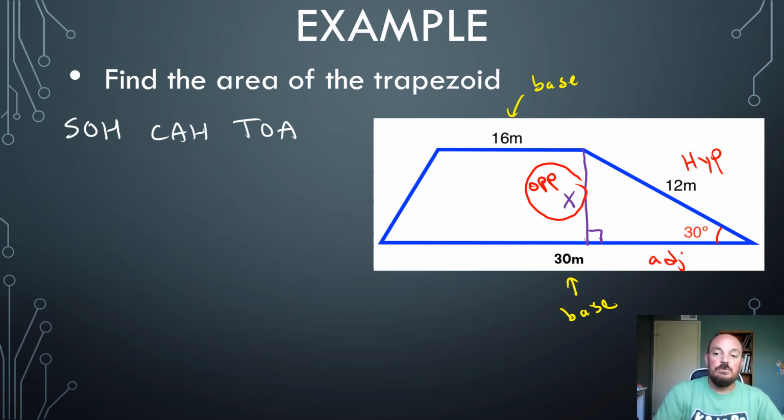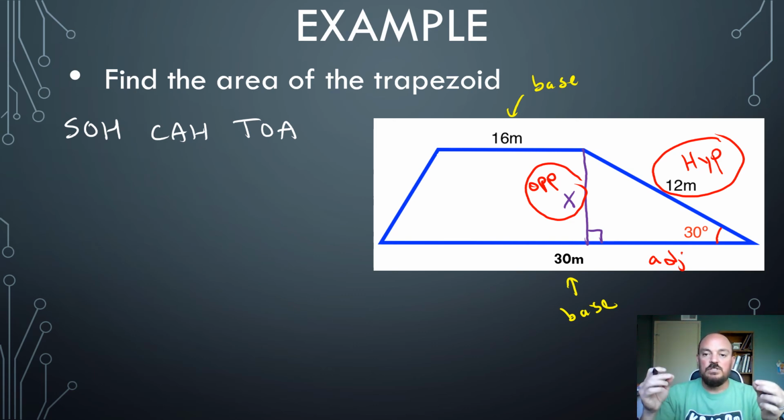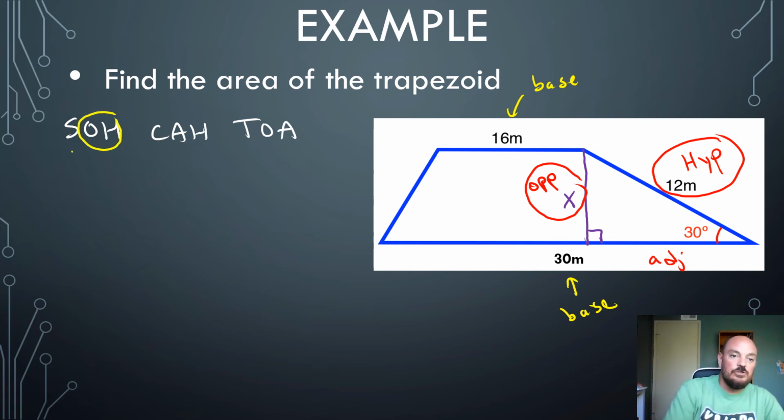And number 2, I want to use the number that was given in the question, the 12. See, I can't use adjacent because I don't have a letter or a number down there. So I want to use O and H, opposite and hypotenuse. I look back at SOHCAHTOA, O and H goes with sine. So this is going to be a sine question.